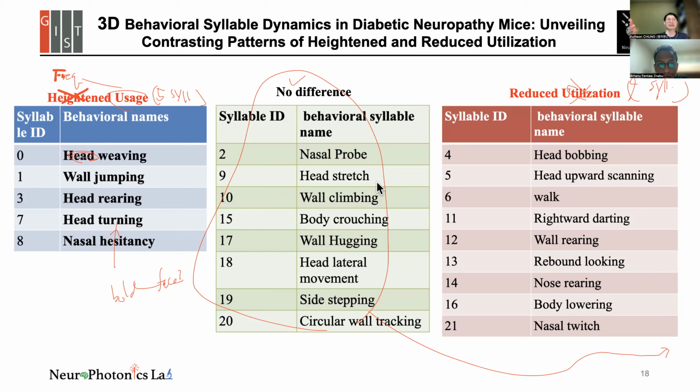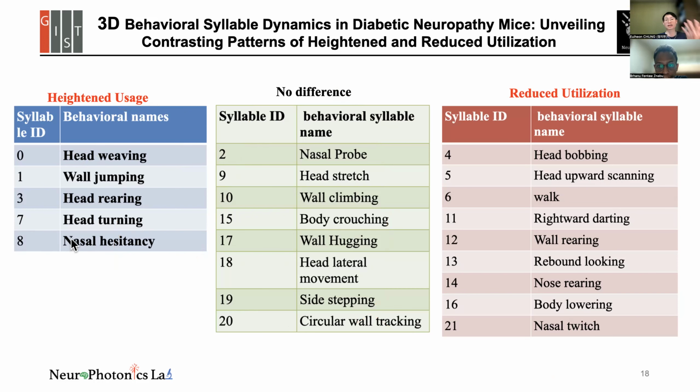So people may ask you questions, and also your interpretation. Can you explain why diabetic neuropathy will reduce this and increase this? You may want to explain those. That's the fun part of this research, to see why. Can you explain this?